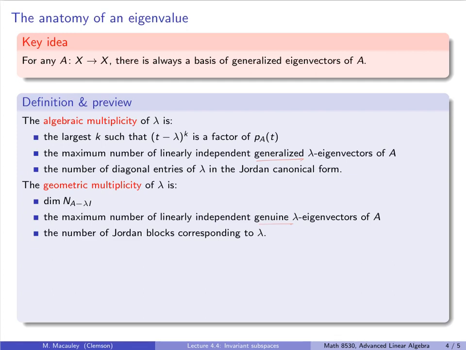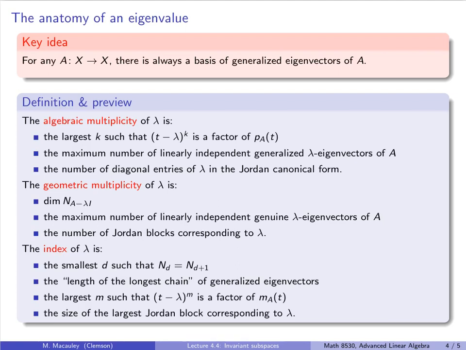This also counts the number of Jordan blocks corresponding to lambda. Remember, the number of genuine eigenvectors is like the number of chains in this picture. And each chain corresponds to a Jordan block.